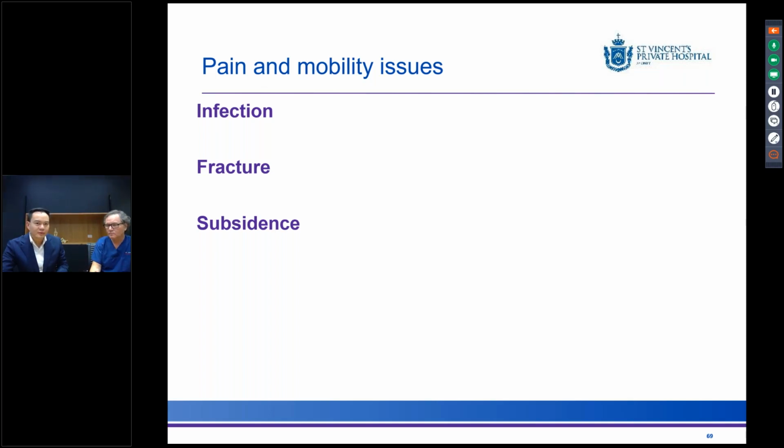Now, when we're talking about this before, John, you also mentioned that the pain can increase and the mobility can go backwards because of too much activity. We still want to see that patient to exclude these things: infection, fracture, periprosthetic fracture, or subsidence of the component.